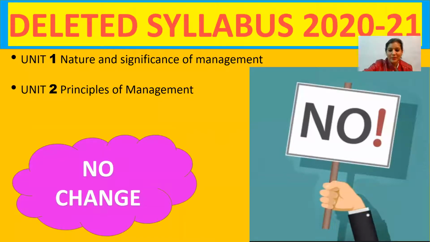And for this regularity, we must be aware of the deleted syllabus. Chapter 1 and 2: nothing has been deleted from these two chapters. Our business studies has two parts, two books, NCERT first part and second part. Read from NCERT. NCERT is the Bible for you. Whenever you are practicing, read NCERT, and after reading NCERT, solve sample papers.